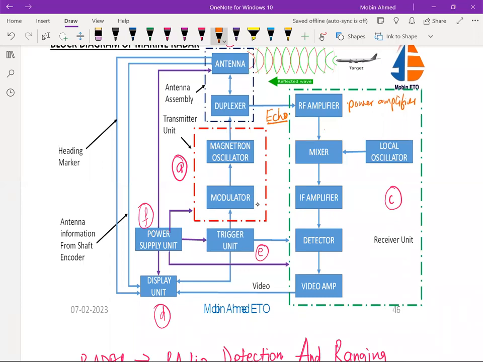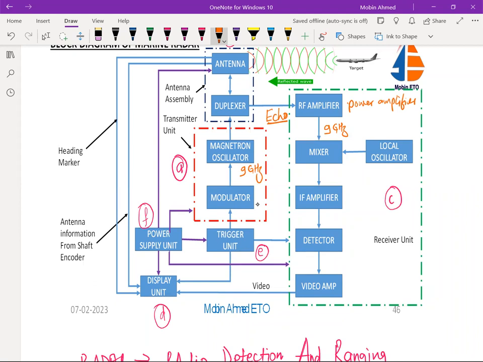Now suppose the magnetron which is transmitting is at 9 gigahertz. That means the echo coming here is also going to be 9 gigahertz.